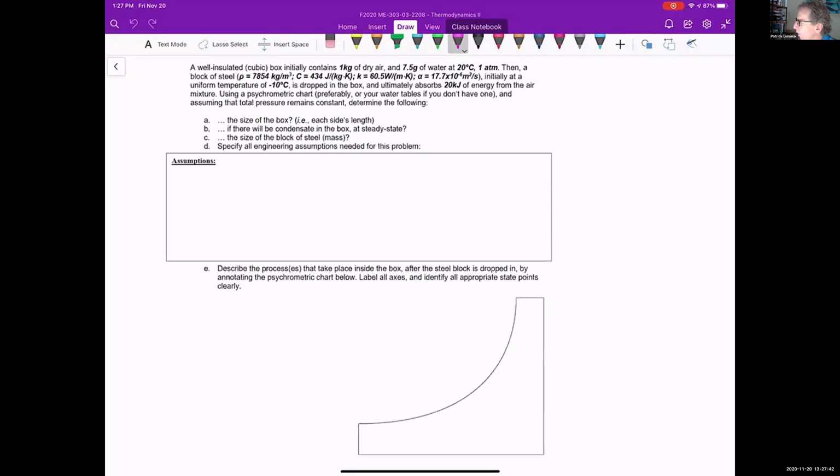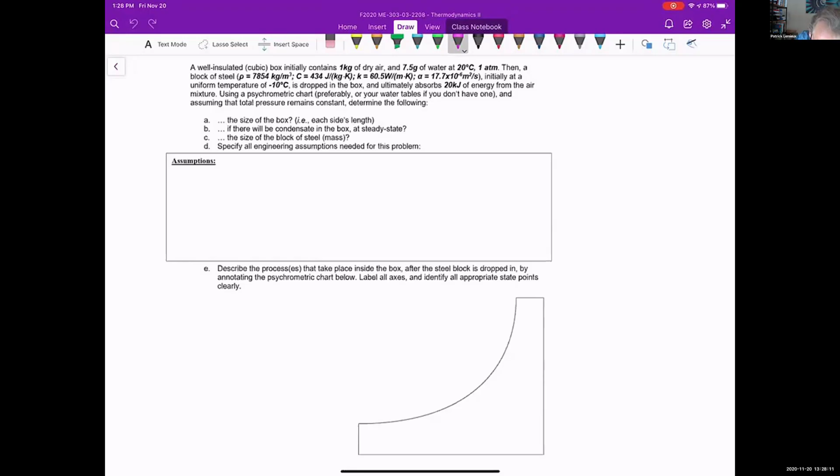Even if I can't say quantitatively exactly where it's at just yet, because I haven't done enough analysis, I want to get a good feel for where I might start and where I might end. So it's telling me that I've got 7.5 grams of water at 20 degrees C and a kilogram of dry air initially. And it's telling me to go to a psych chart. So step number one is I'm going to go to that psych chart and figure out exactly where I am to begin with.